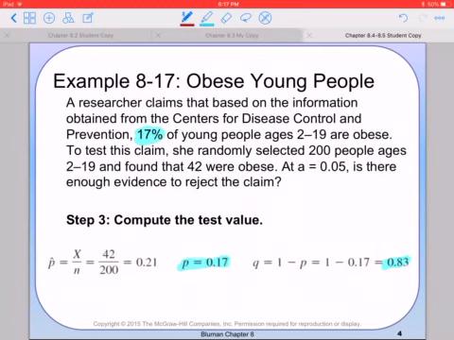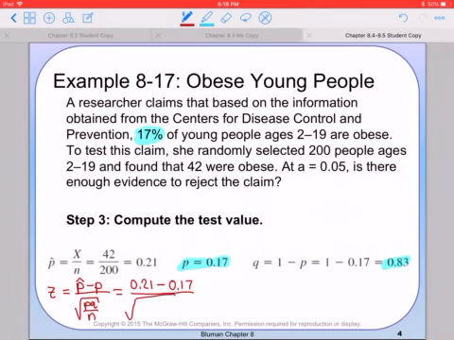So here we go. Let's go back to this slide where all our variables are. So we're trying to find our z value. Remember that the z value for proportions, the proportions are whenever we had the hats. So it's p hat minus p, divided by the square root of pq over n. P hat was 0.21. Subtract p, which is 0.17.